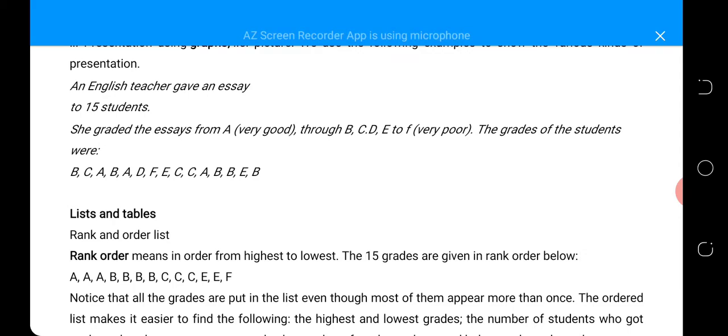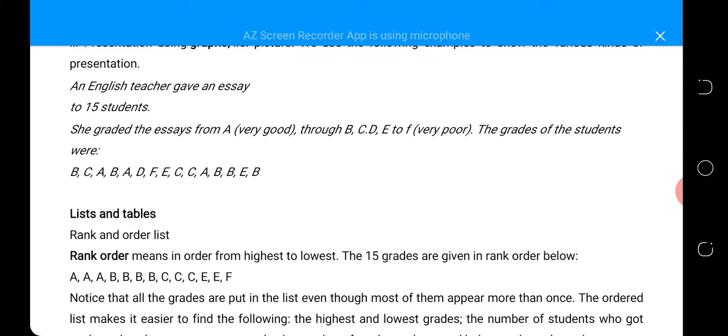Let's present the data in a tabular form. The first thing we need to do is to rank the data. Rank order means arrangement of the data from the highest to the lowest, or from the lowest to the highest.